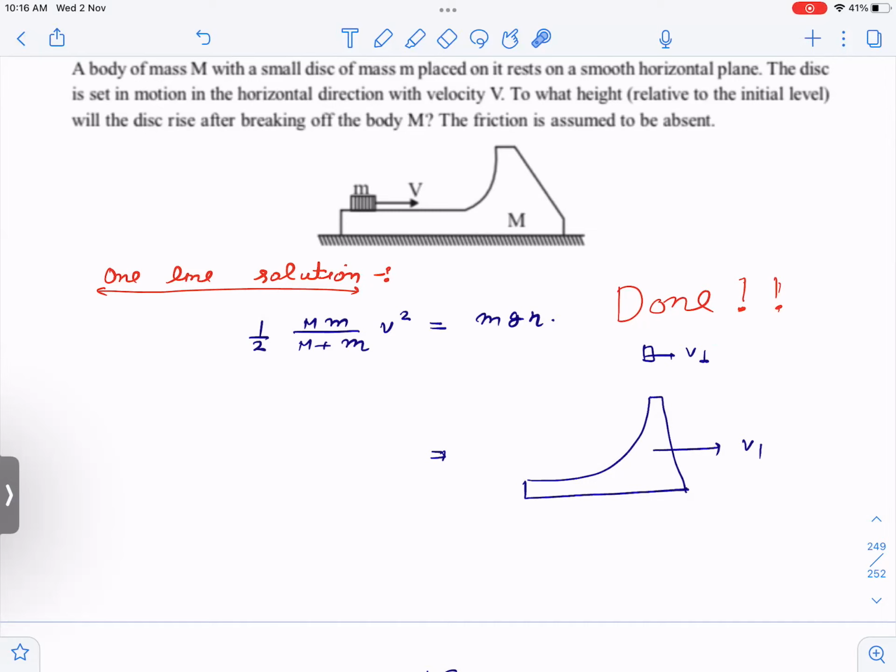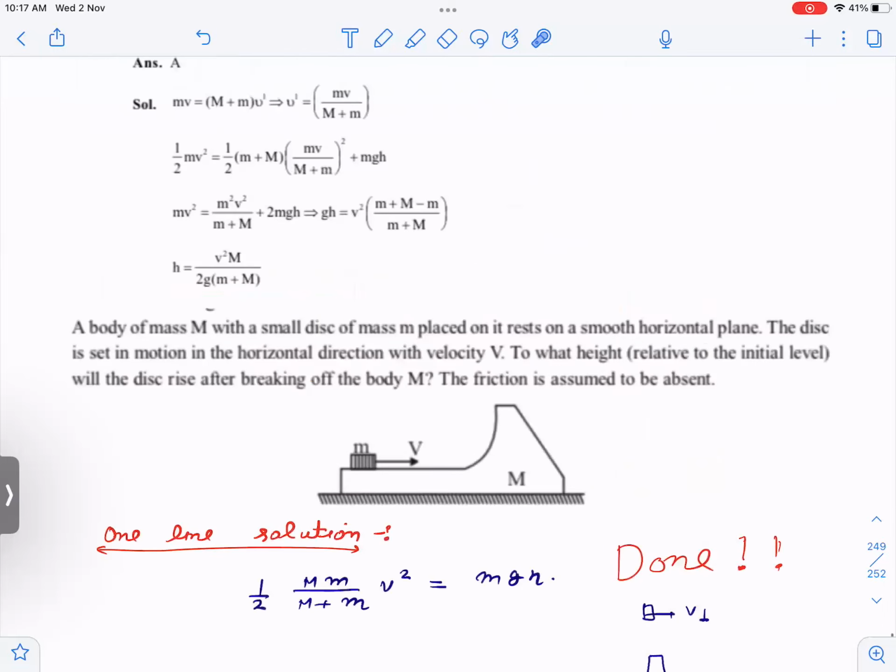Initial momentum is mv, and the final momentum is the same, so the velocity of the center of mass is the same initially and finally. That means the change in kinetic energy of this system with respect to Earth is the change in kinetic energy with respect to CM.